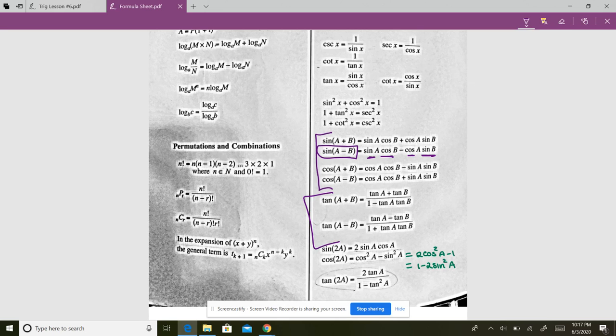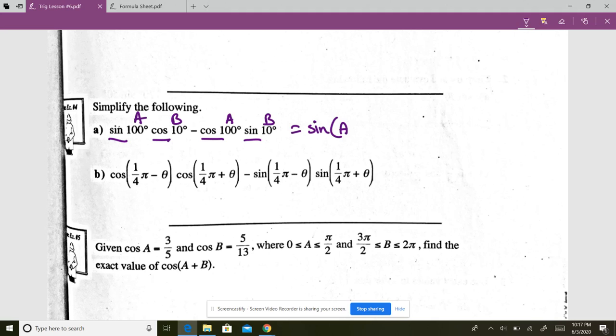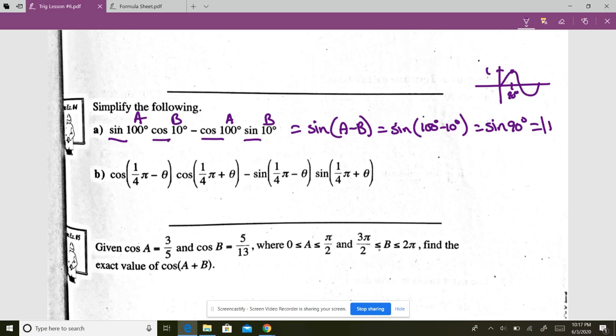A minus B? Yes, A minus B. So it's sine of 100 minus 10, which is sine of 90, which if you can punch it in your calculator, or if you remember your sine graph, there's 90, that's 1. Sine of 90 is 1. That whole thing simplifies to 1. That's it. All right, next one.